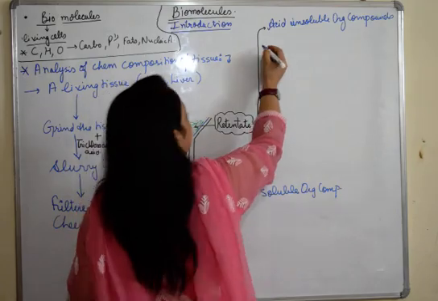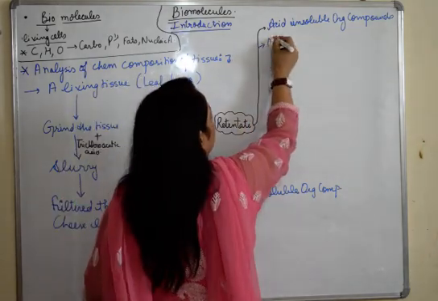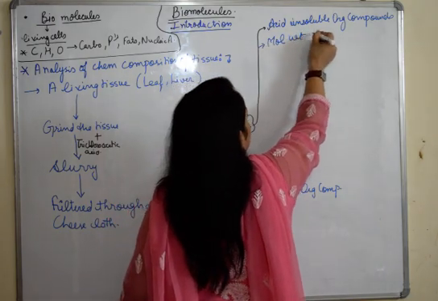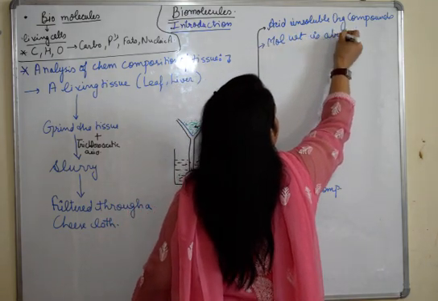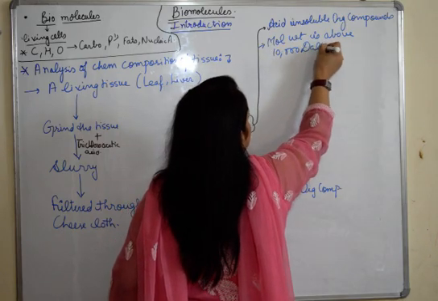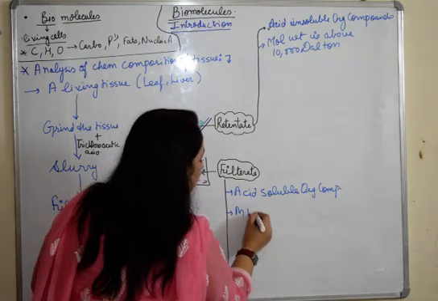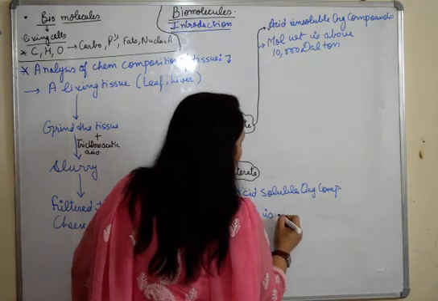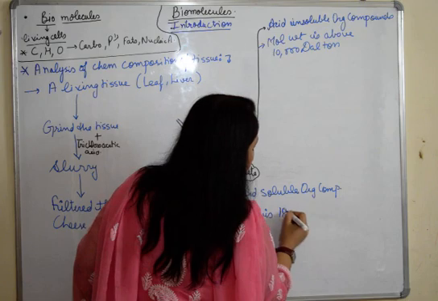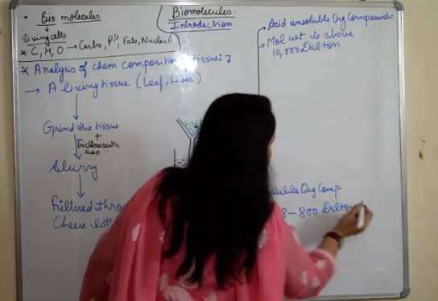Next, the retentate compounds are acid insoluble and their molecular weight is above 10,000 Dalton, and here in the filtrate their molecular weight is somewhere between 18 to 800 Daltons.